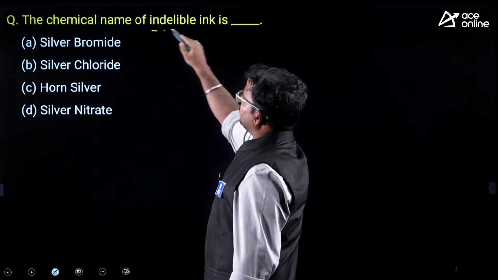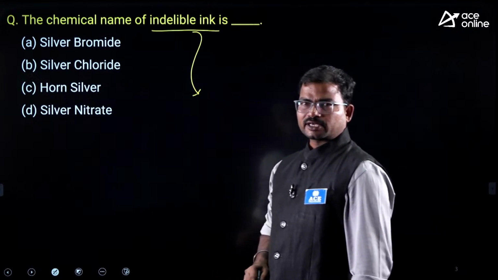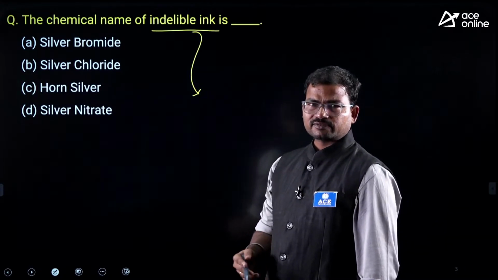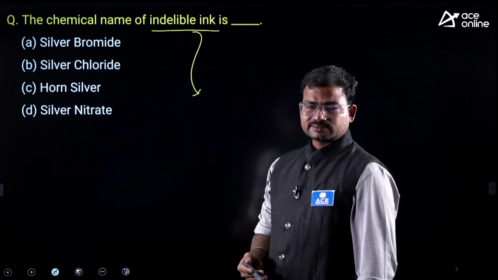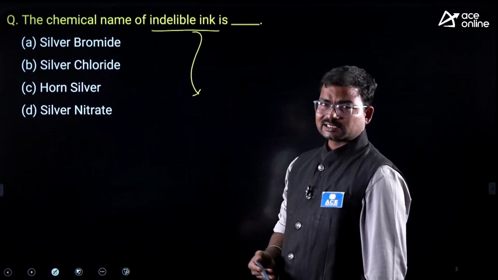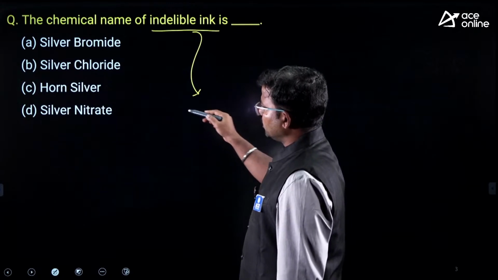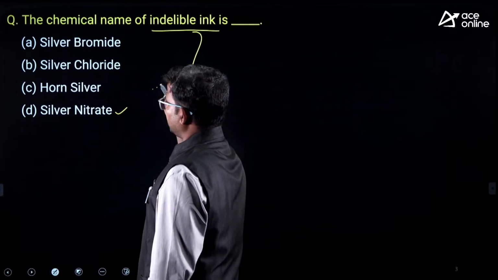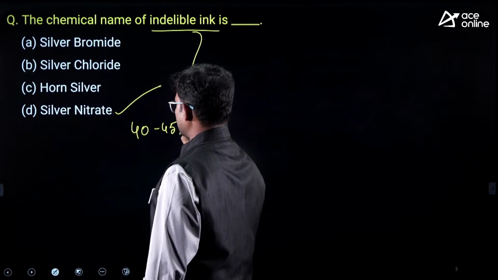Indelible ink, guys: to prevent people from multiple voting, we use one of the chemical derivatives, called indelible ink or electoral ink. In that ink, silver nitrate derivatives are present at around 40 to 45%.